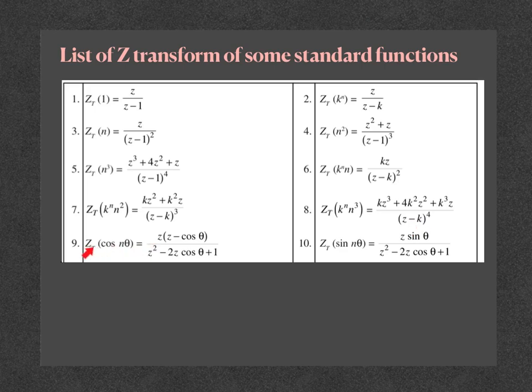And very importantly, Z transform of cos n theta is z into z minus cos theta divided by z square minus 2z cos theta plus 1. Z transform of sin n theta is z sin theta divided by z square minus 2z cos theta plus 1. So remembering all these formulas, you can solve the problems very easily.